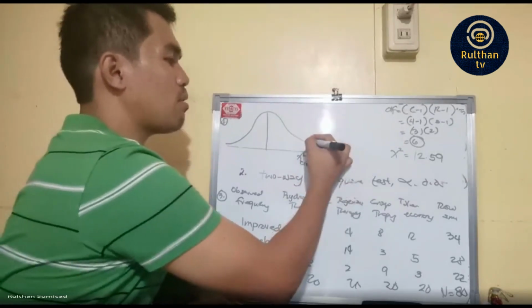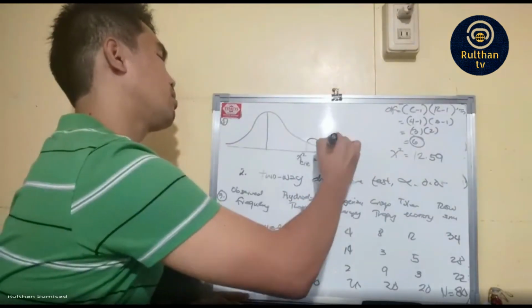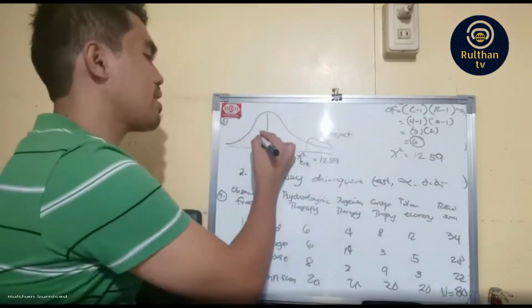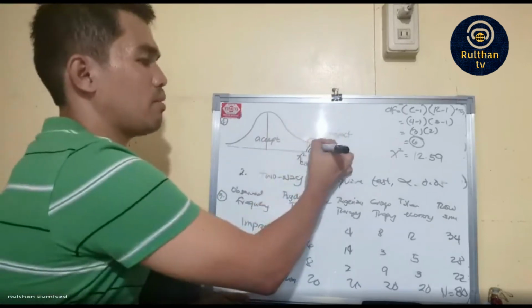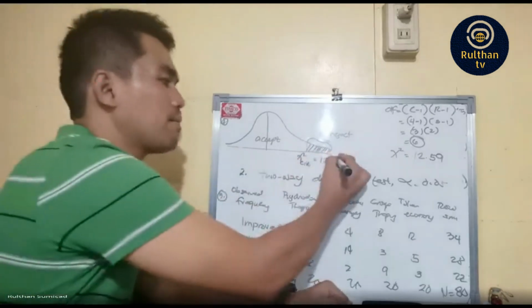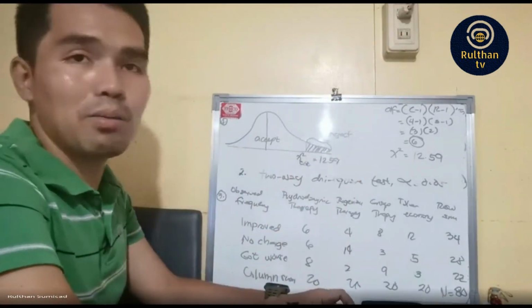So this is our rejection region, reject, and this area here is accept. We will shade this region. That is our intended rejection area for this test. Now we have already stated our step 4.